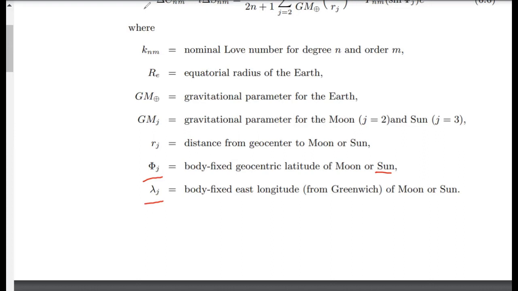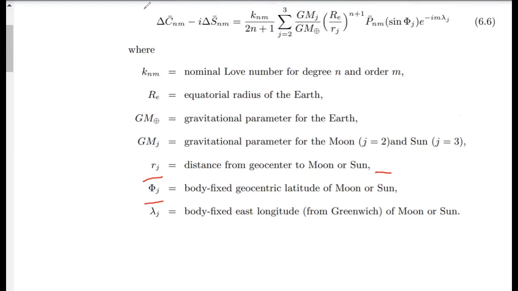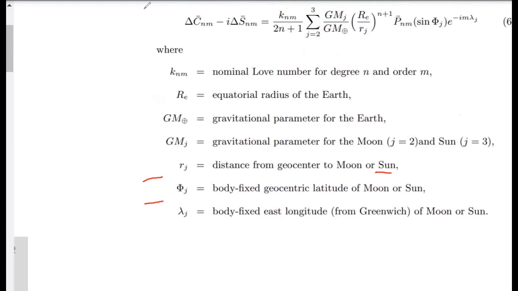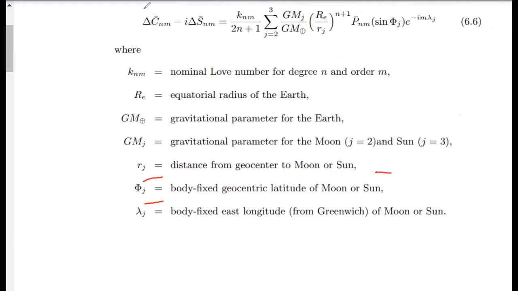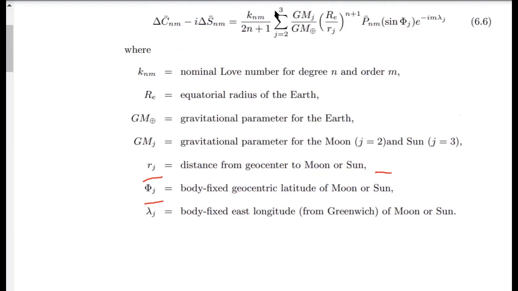If we have that, we can simply put them inside this formula and compute how much these masses, I mean the moon and the sun, can affect the spherical harmonics of the Earth, which are this one. This is the tidal correction to the sine coefficient, and this is the tidal correction to the cosine coefficient.